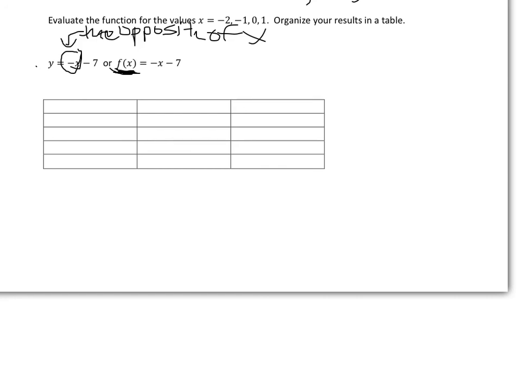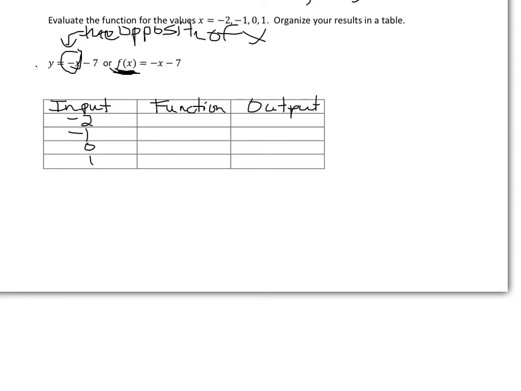So if we make an input-output table, here's your input. Right? We'll calculate our function here, and we'll find our output. Okay, so they gave you the values for x, so it would be negative 2, negative 1, 0, and 1.